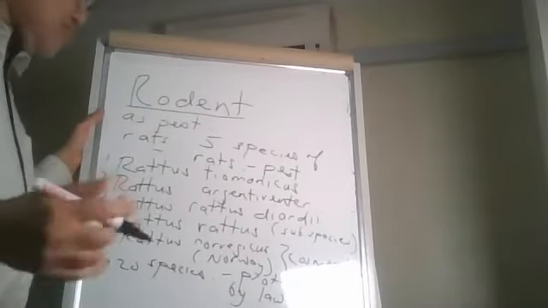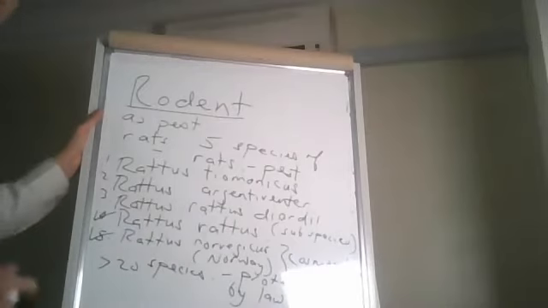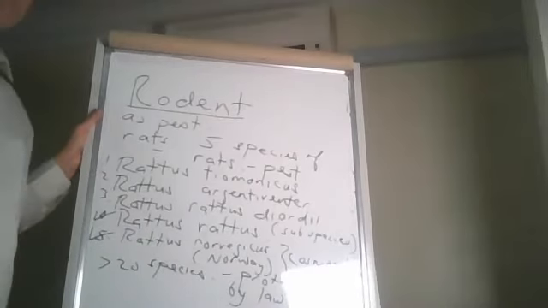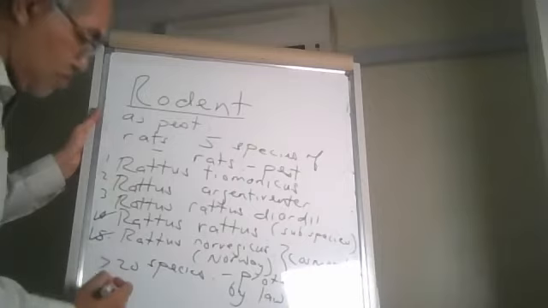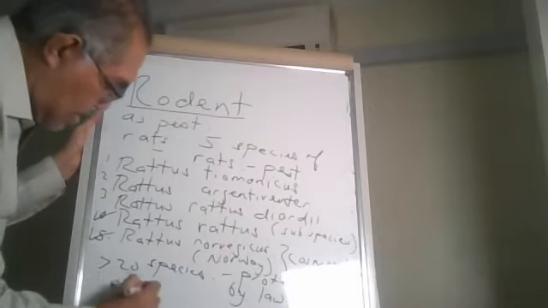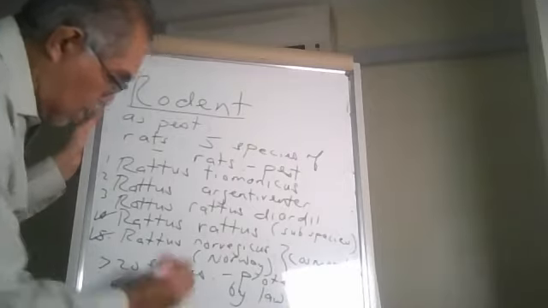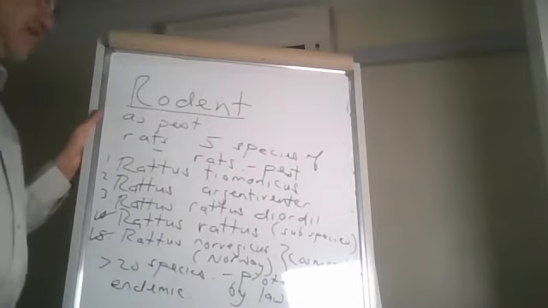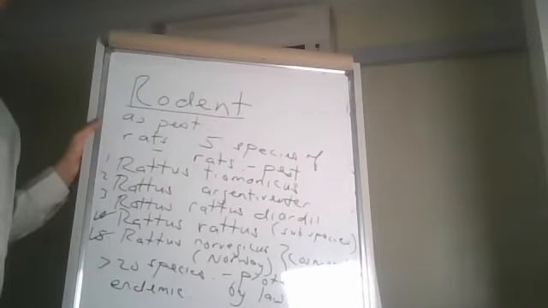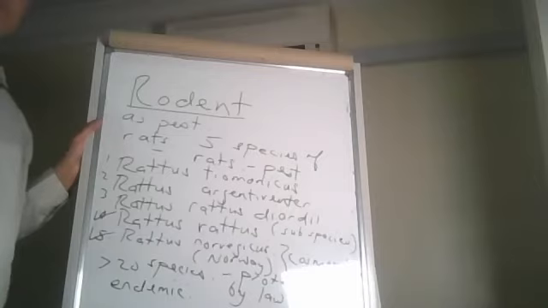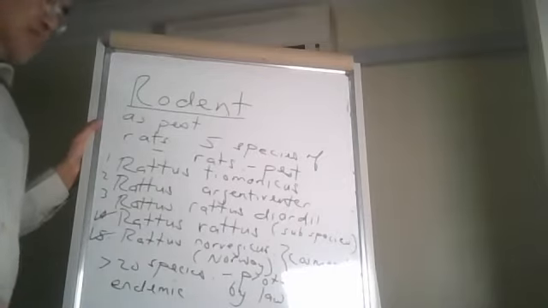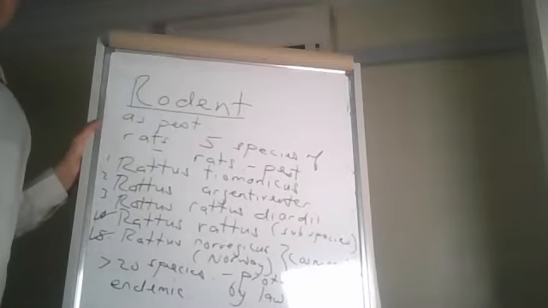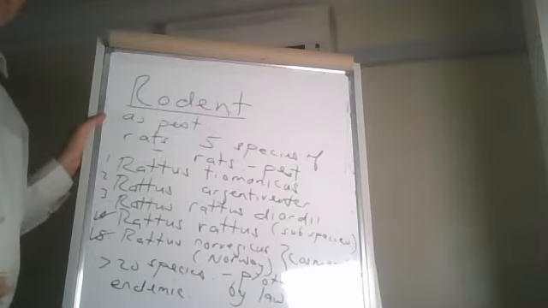And mind you, there are two species that are actually endemic. So what does endemic mean? Endemic means you can only find that particular species here and nowhere else. One particular species, Rattus baluensis, can only be found in Sabah, in the foothills of Gunung Kinabalu, the Mount Kinabalu.